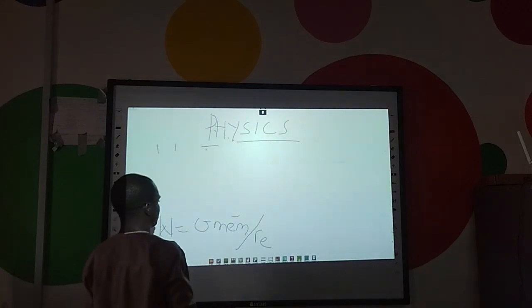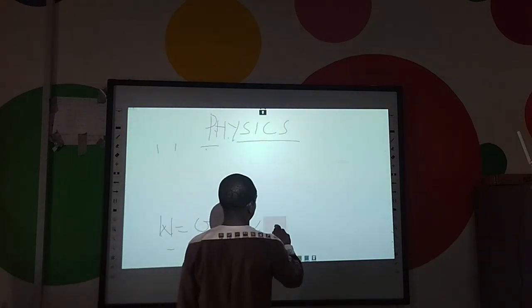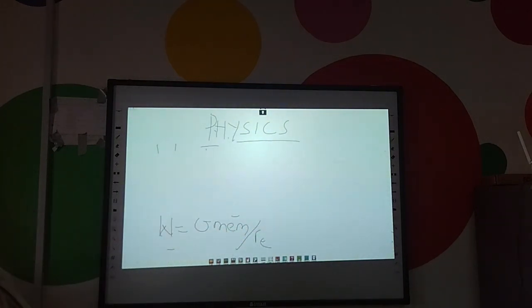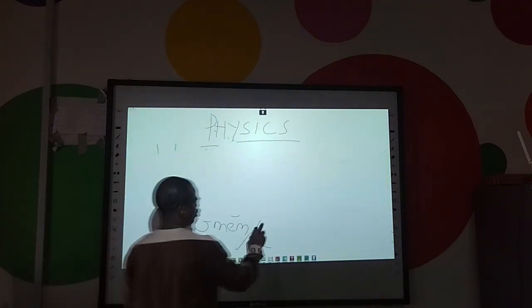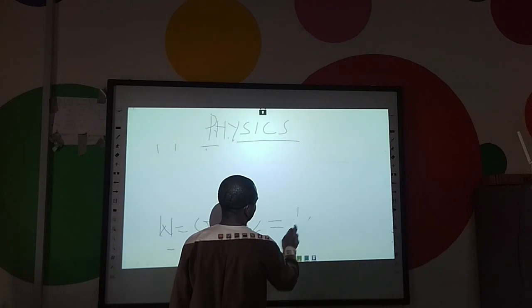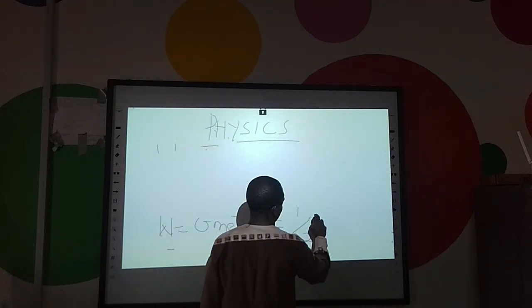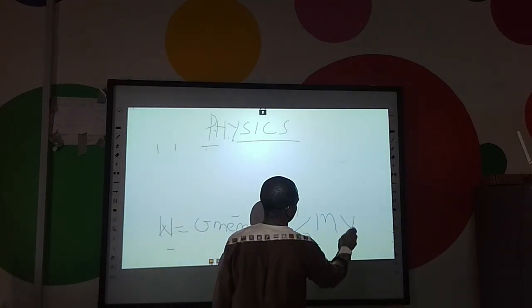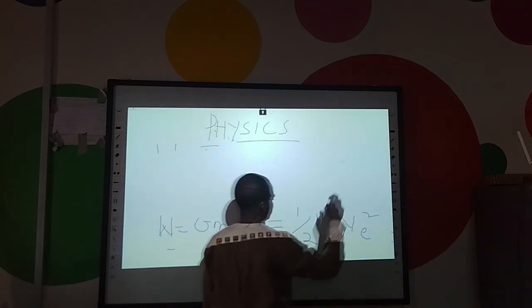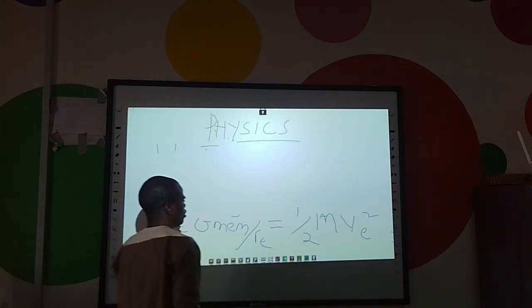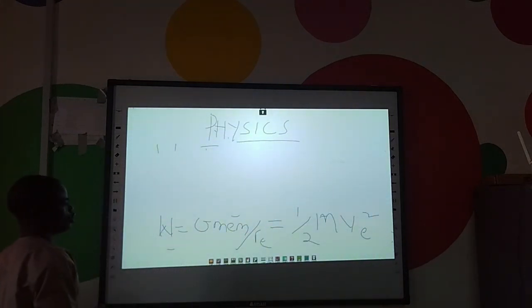And you have to equate it to the kinetic energy, because when an object is moving, work is being done and kinetic energy is taking place. Half m v E squared. You relate the two together.